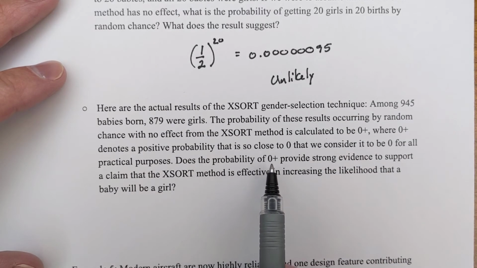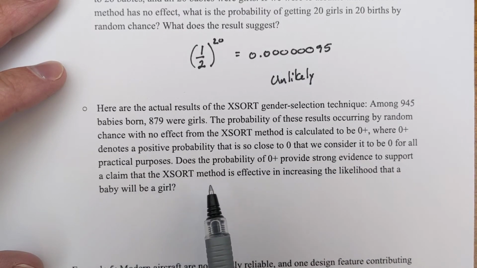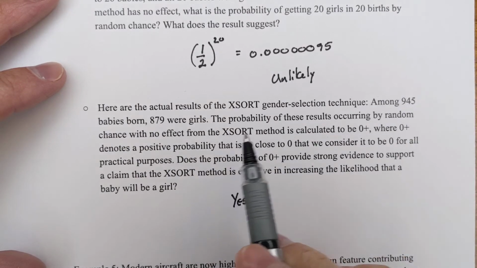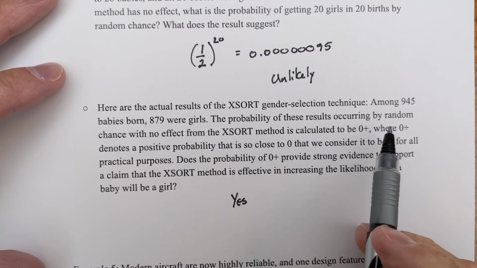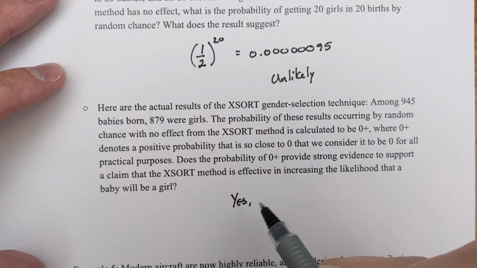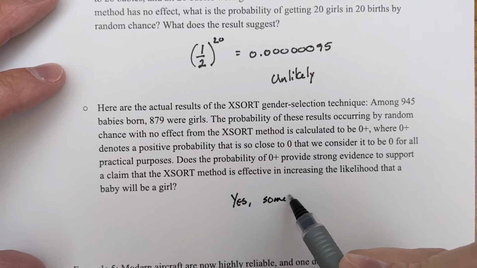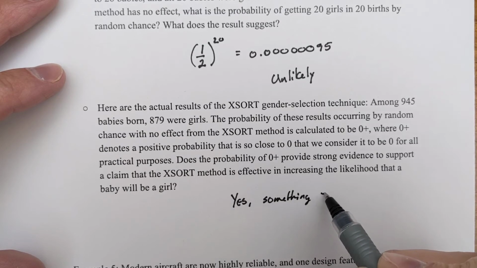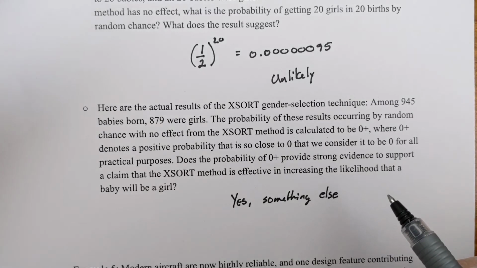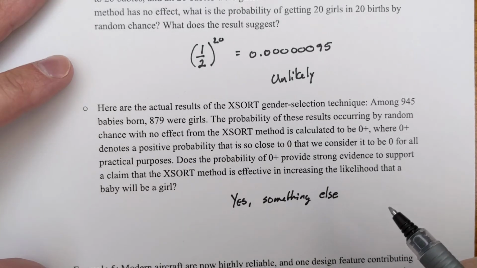So this probability of 0+ provides strong evidence to support that it is effective, yes. Because if it actually happened, the likelihood of this happening is so small by chance that something else had to have happened. So if something has a very low probability but actually did happen, you can probably say that some other item had an effect.